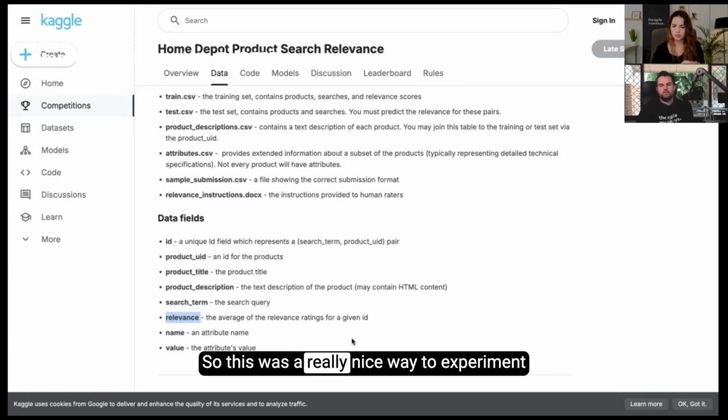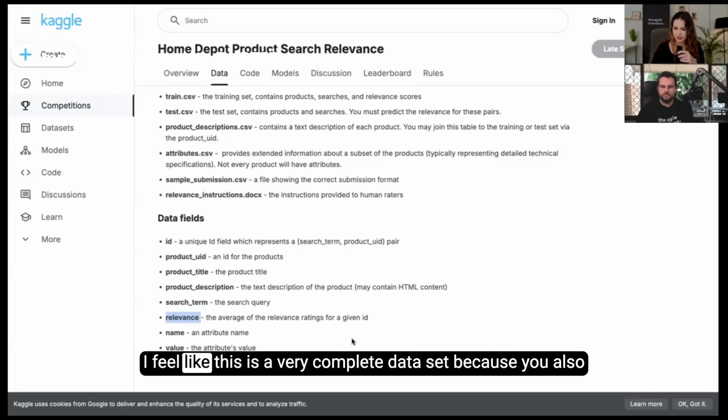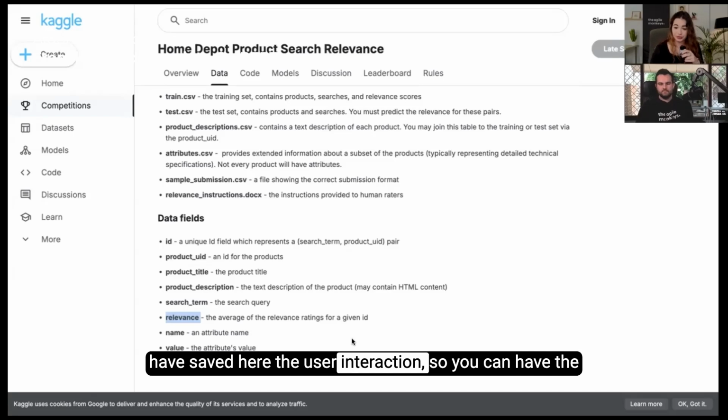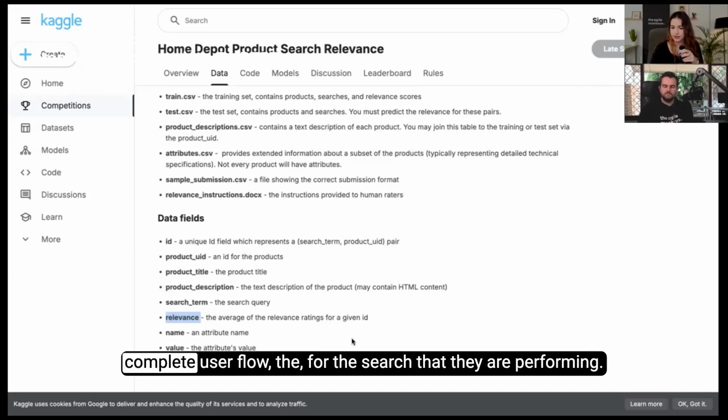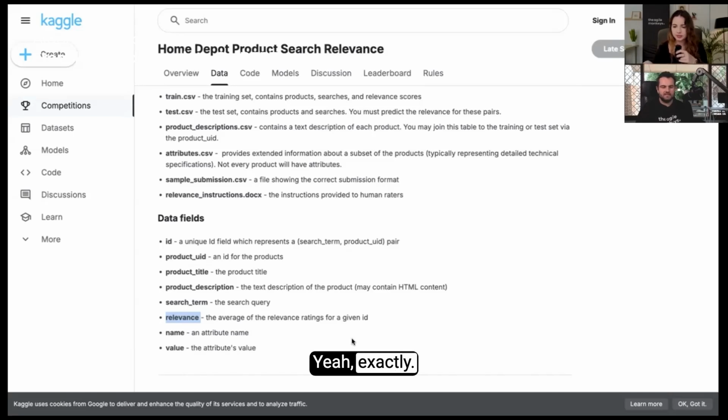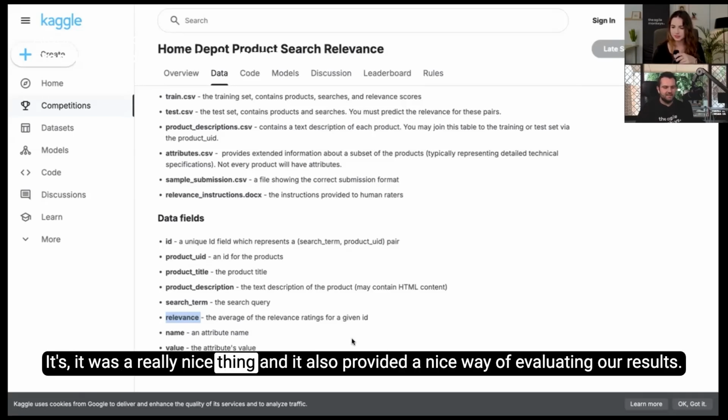So this was a really nice way to experiment and test how search algorithms would work. I feel like this is a very complete data set because you also have saved here the user interaction, so you can have the complete user flow for the search that they are performing. Yeah, exactly. It was a really nice thing, and it also provided a nice way of evaluating our results.